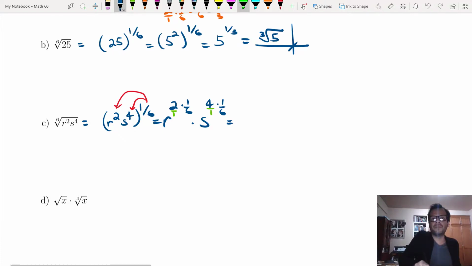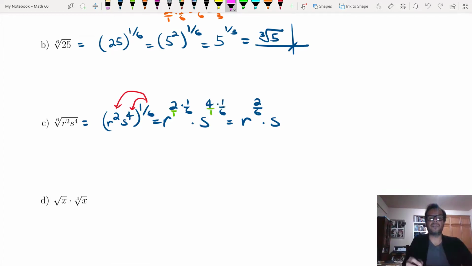So we're going to multiply these two fractions together. 2 over 1 times 1 over 6, that's going to give us 2 over 6 times s raised to the 4 over 1 times 1 over 6. That's going to give us 4 over 6.